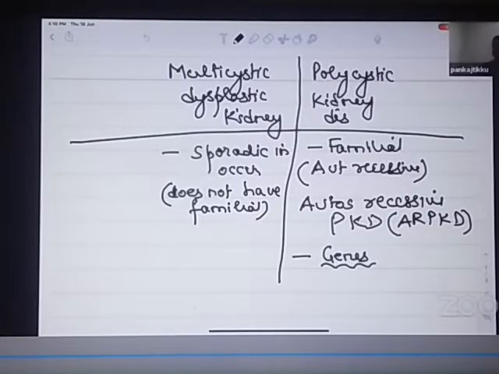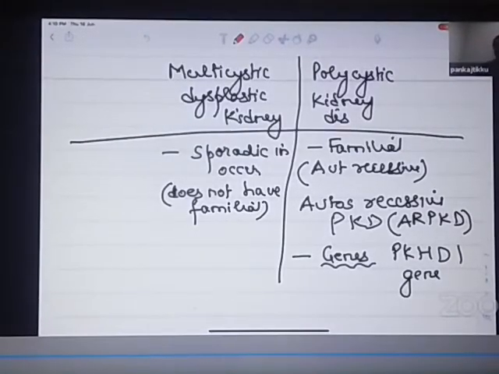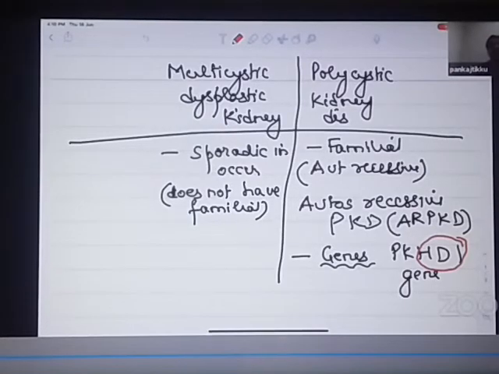Which gene is primarily affected in polycystic kidney disease of children? It is the PKHD1 gene. And what does HD1 stand for? HD1 stands for hepatic dysfunction. That is why whenever polycystic kidney disease occurs in newborns, there is always likely to be a co-associated hepatic fibrosis.